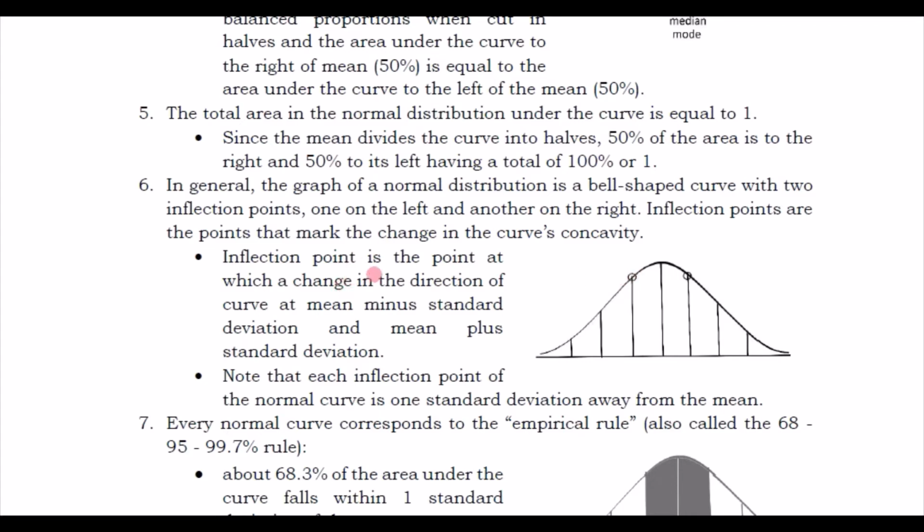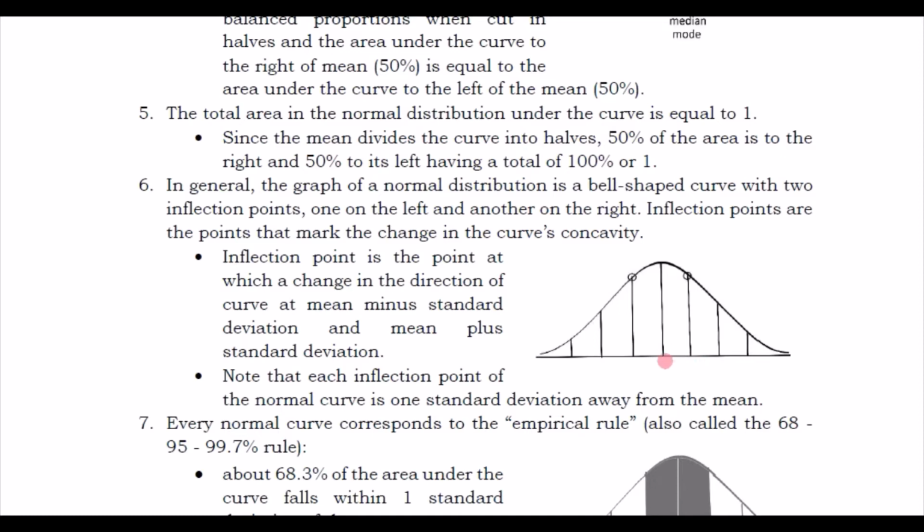Okay? This point is a point at which a change in the direction of the curve of mean minus the standard deviation and mean plus the standard deviation. So what the sentence said is that from 0, okay, add 1 standard deviation away from the mean.